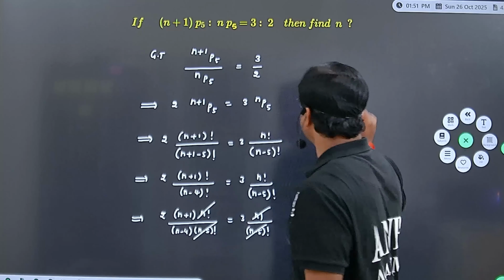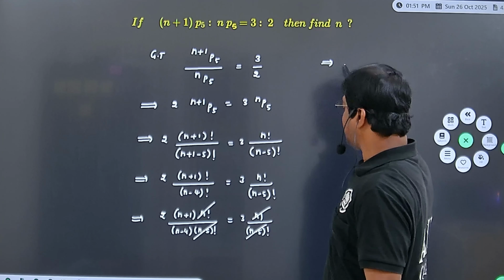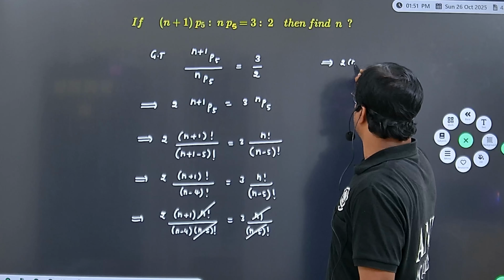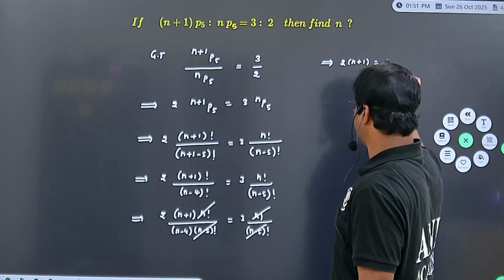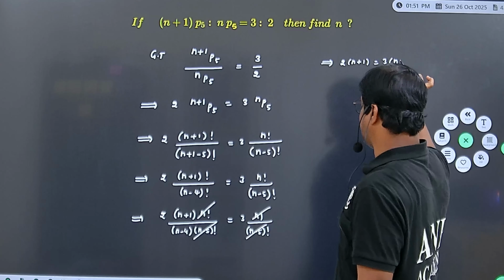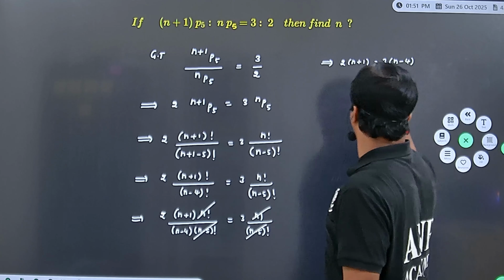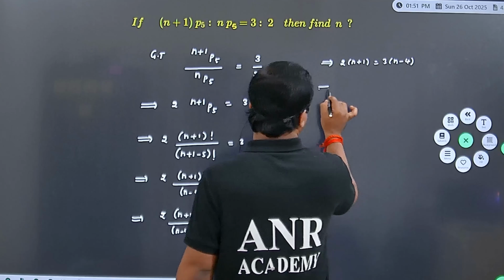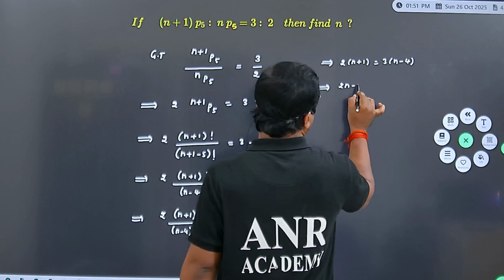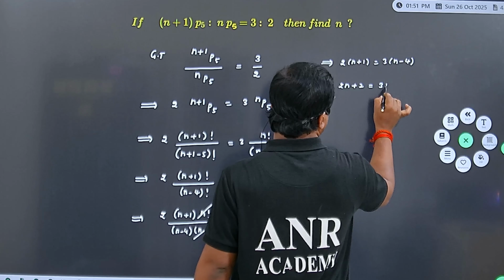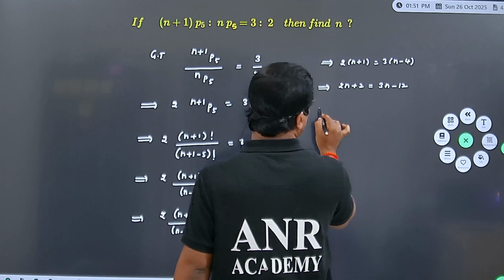Therefore, again on simplification, 2 times of (n+1) becomes 3 times of (n-4). Solving this, we get 2n+2 equal to 3n-12.